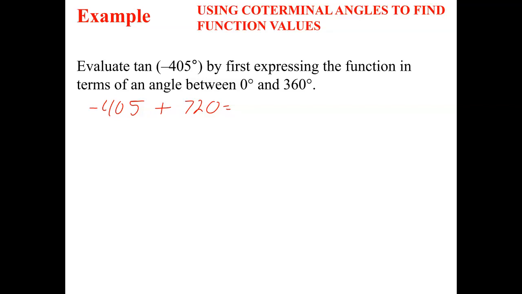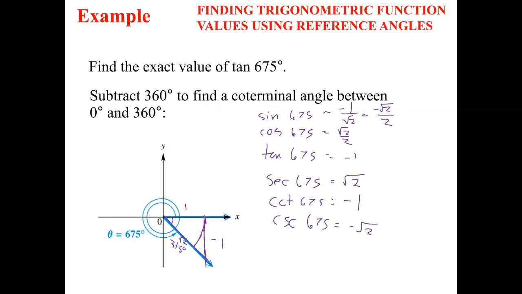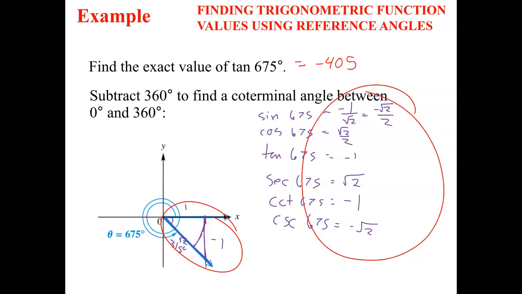That gives 315. What quadrant does that put me in? Quadrant 4. We already did that one there. So negative 405 is coterminal to 675, so all those function values are going to be the same.